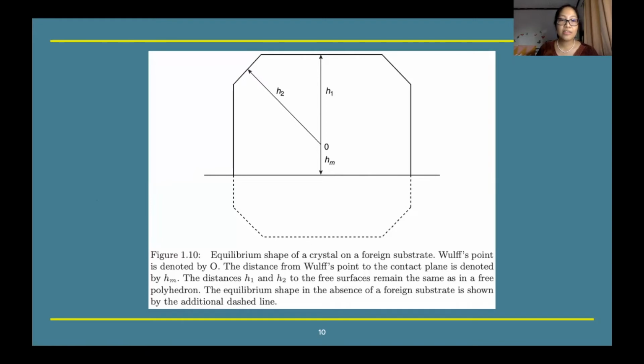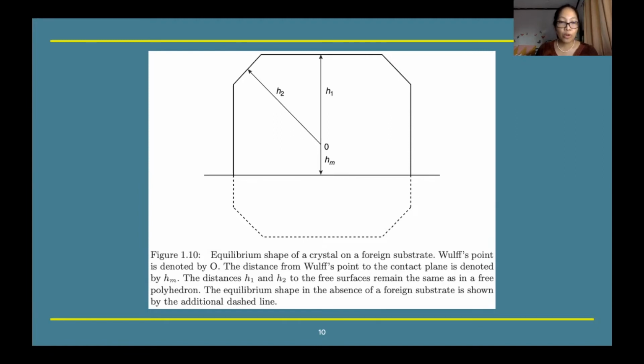Wulff's point is denoted by O. The distance from Wulff's point to the contact plane is denoted by H sub m. The distances H1 and H2 to the free surfaces remain the same as in a free polyhedron.